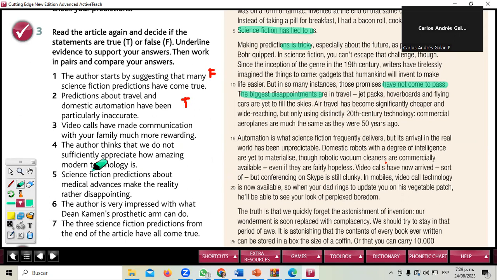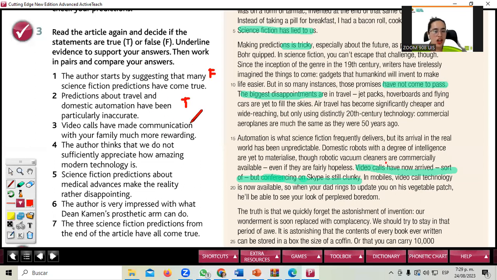So, in the paragraph with number 15, video calls have not quite arrived, but there is conferencing or Skype. This is still clunky. Remember that clunky is something bad. So, like torpe, no muy bueno. So, this is false, okay? Has it made the communication more satisfactory?